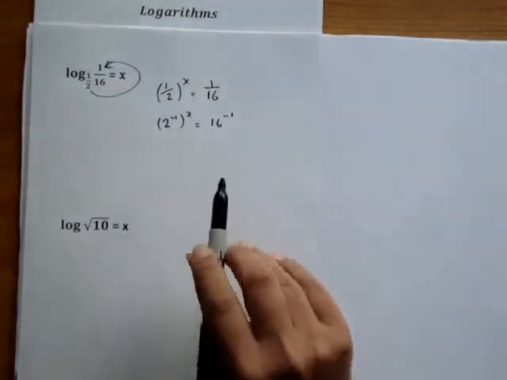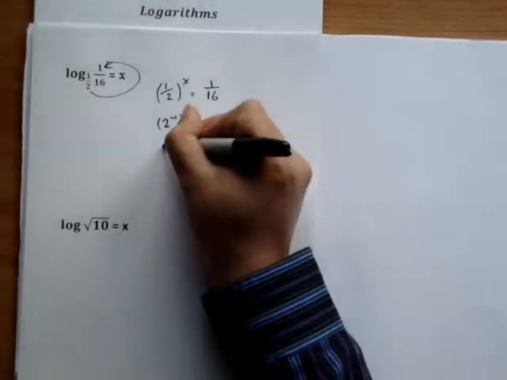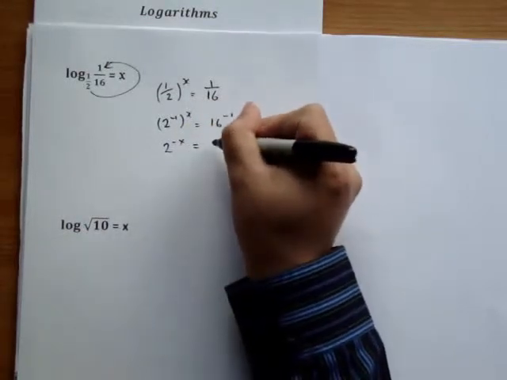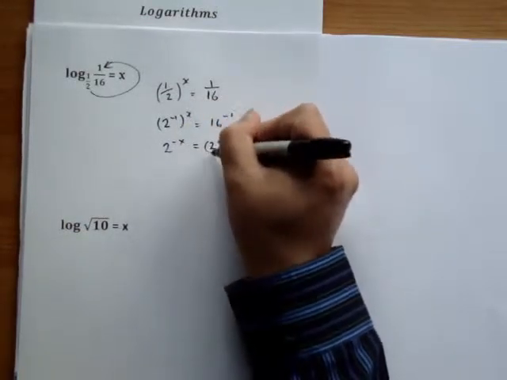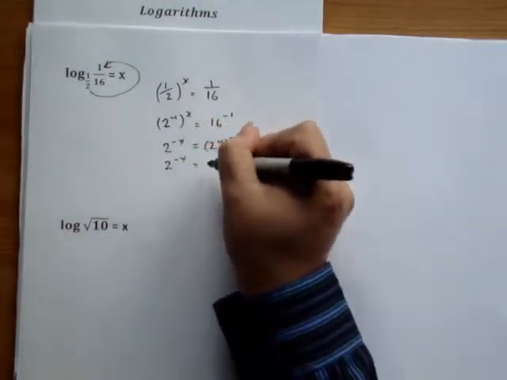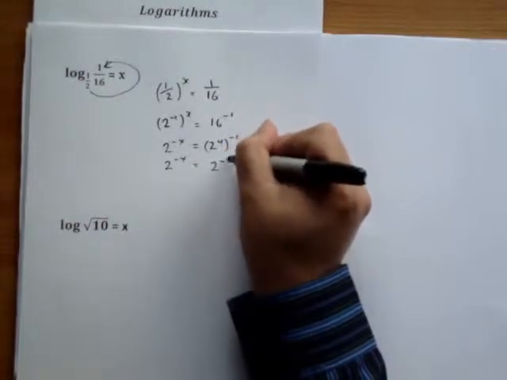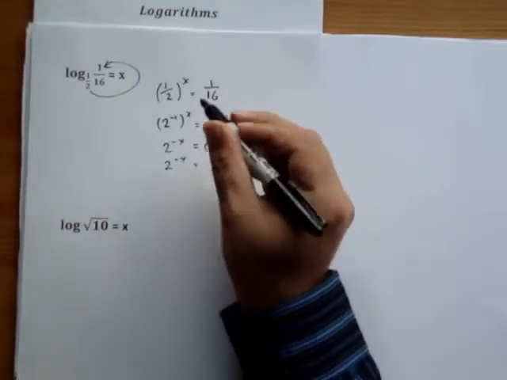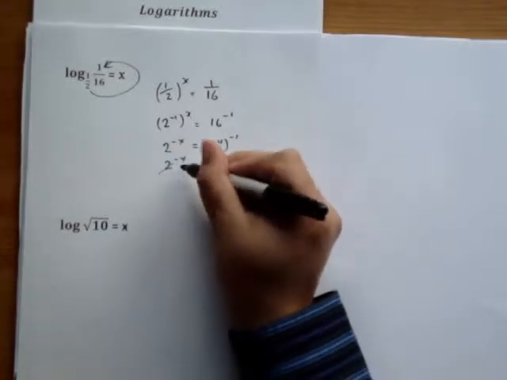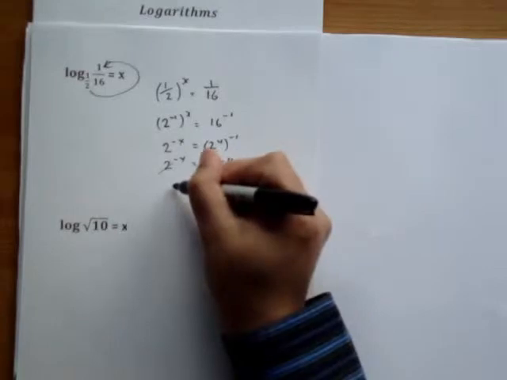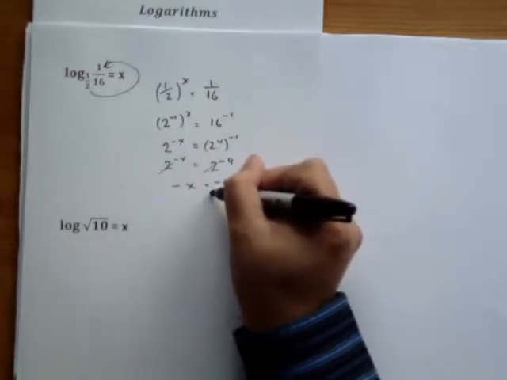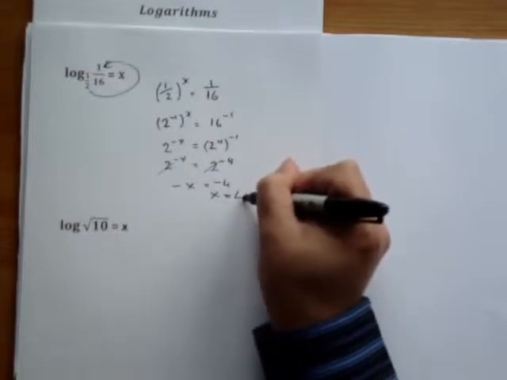Now what we want to do is try and make the bases the same, so this becomes 2 to the minus x. 16 is 2 to the power 4. So 2 to the minus x is 2 to the minus 4. Because the bases are the same, we can ignore those. And the powers are equivalent to each other, so minus x equals minus 4. So x therefore equals 4.